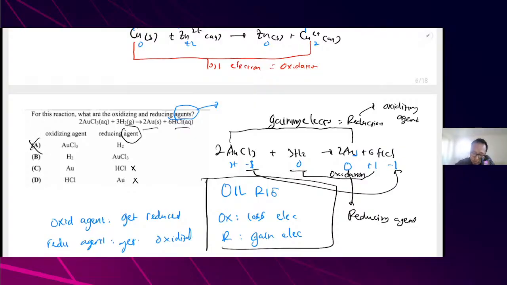Remember the name of the agent. The concept is this one: the oxidizing agent causes oxidation, causing the other substance to be oxidized. So this is the way to answer this question.